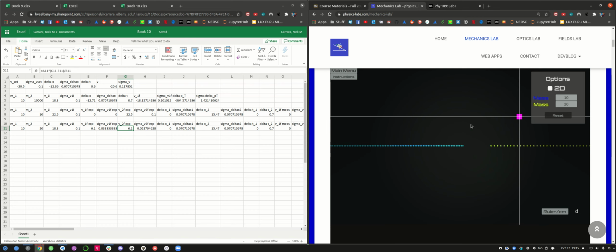And so now, essentially what we want to do is try to predict what our velocity is going to be. We did that here. And so we expected that the final would be 6.1, and the final V2 velocity would also be 6.1, which is interesting. It just so happens picking 18.3 gave us exactly the same final velocities here.